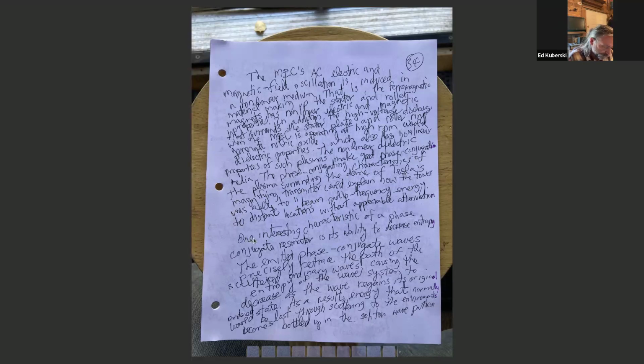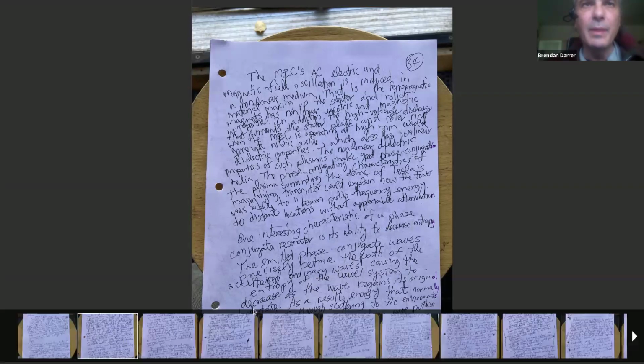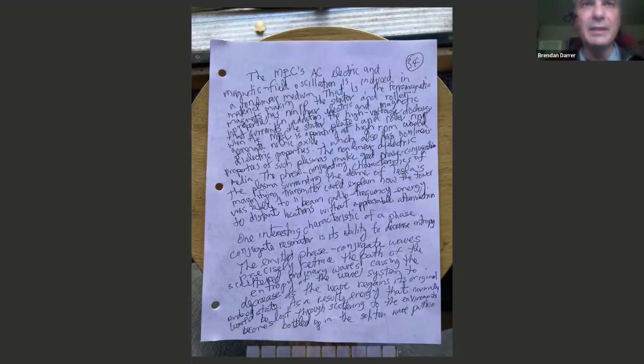One interesting characteristic of a phase conjugate resonator is its ability to decrease entropy. The emitted phase conjugate waves precisely retrace the path of the scattered ordinary waves, causing the entropy of the wave system to decrease as the wave regains its original ordered state.